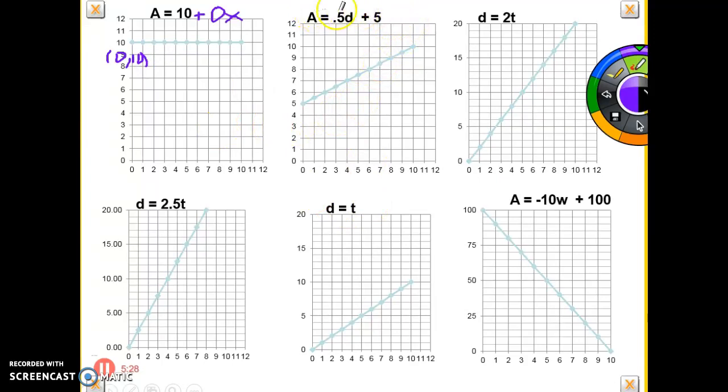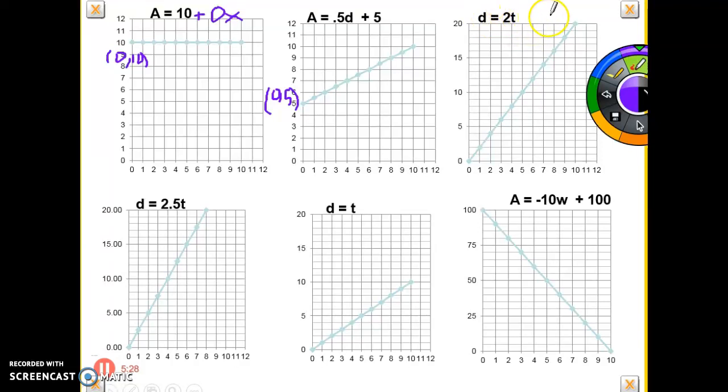Over here, we can see that our equation has a coefficient of 0.5 and a y-intercept of 0, 5. And you can see that 0, 5, which is right here, is the place where it crosses the y-axis. On this equation, we have a coefficient, which is the constant rate of change, of 2.